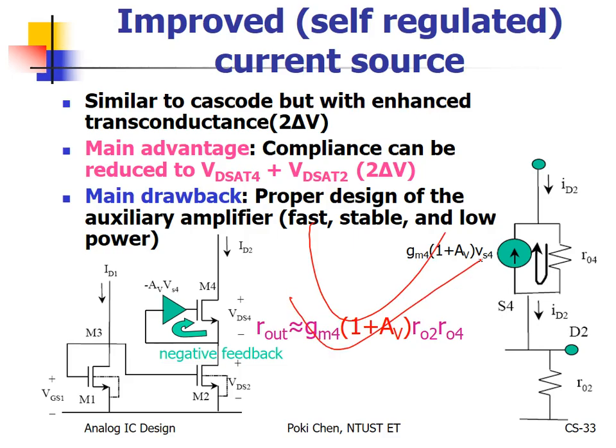What is the most important slogan for negative feedback? You can sacrifice your gain. You can trade your gain with all the other parameters. For example, if you reduce your gain by 100 times, then almost all the other parameters will be enhanced by almost the same amount.